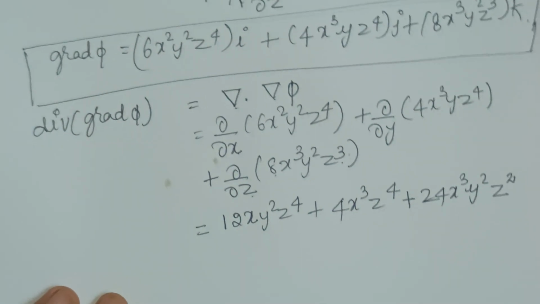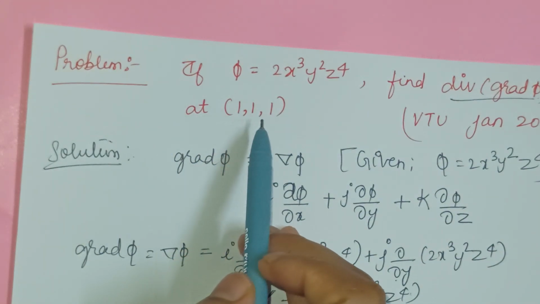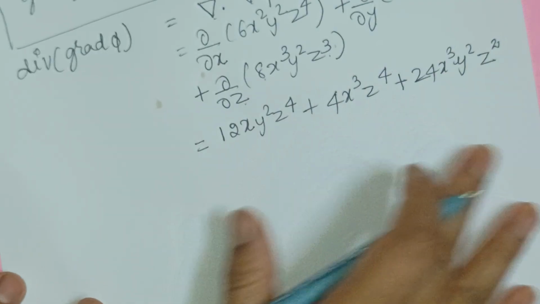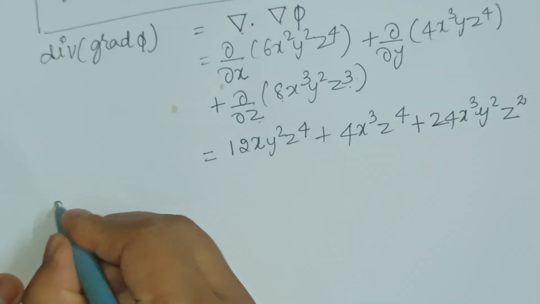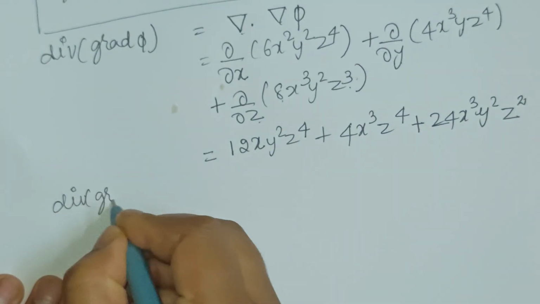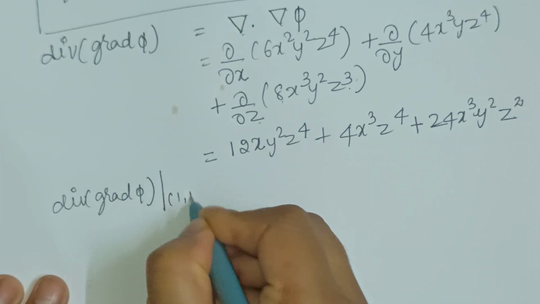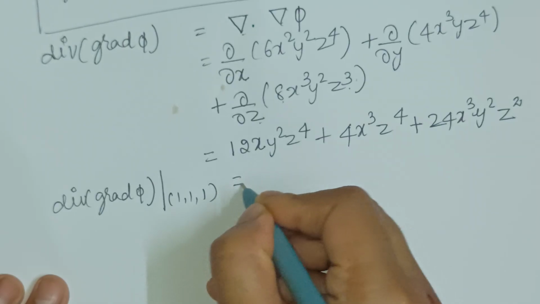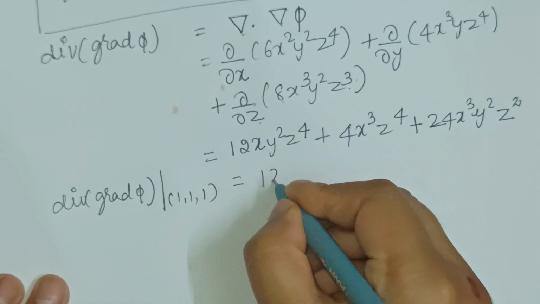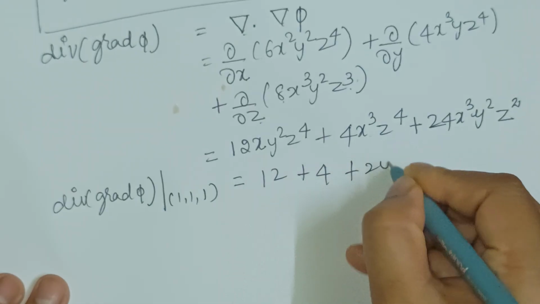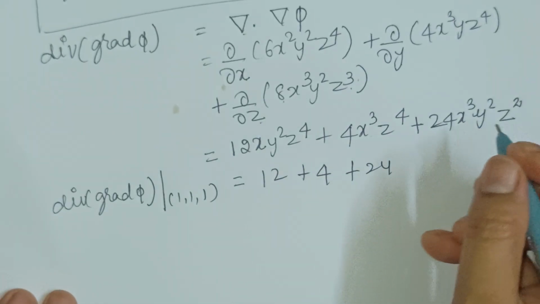Done. Now in the question, you can see the point (1, 1, 1) is given, right? So divergence of grad phi at the point (1, 1, 1) is equal to 12, these are all ones, plus 4, these are all ones, plus 24, these are all ones, right?